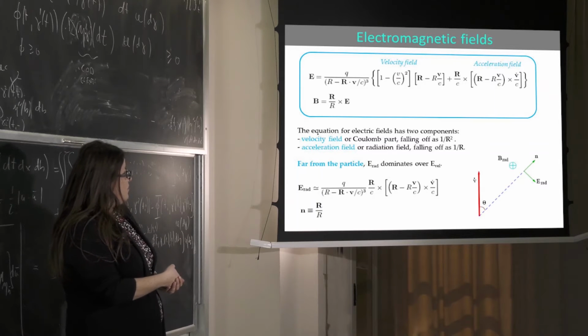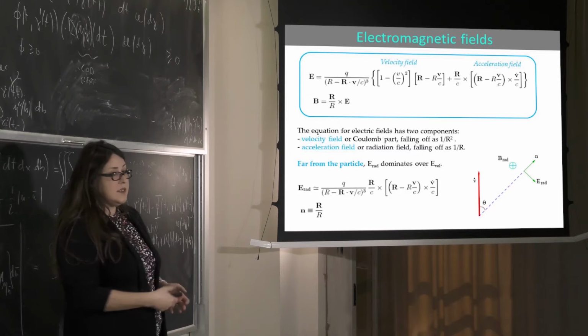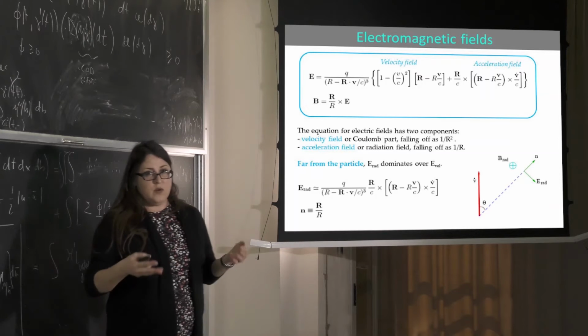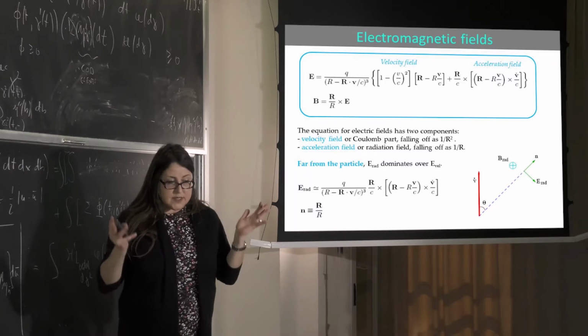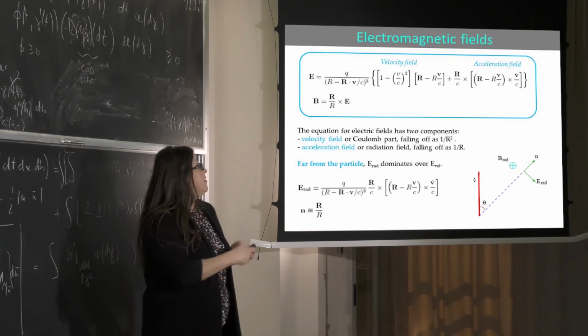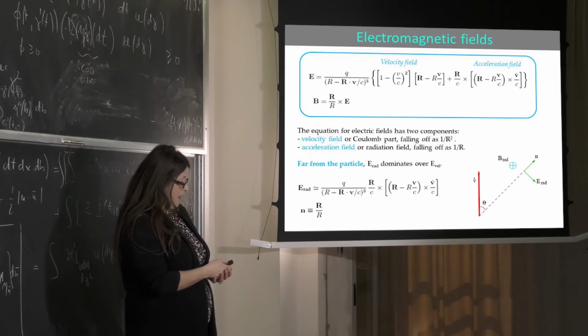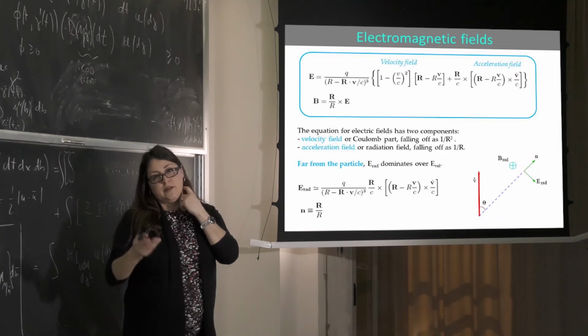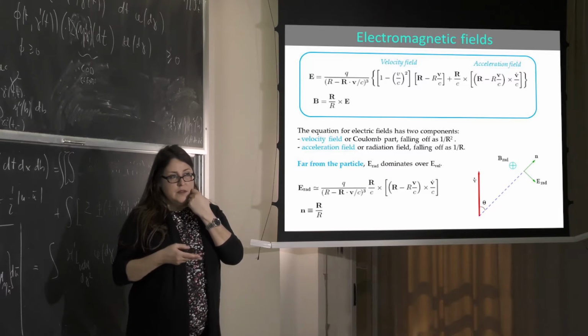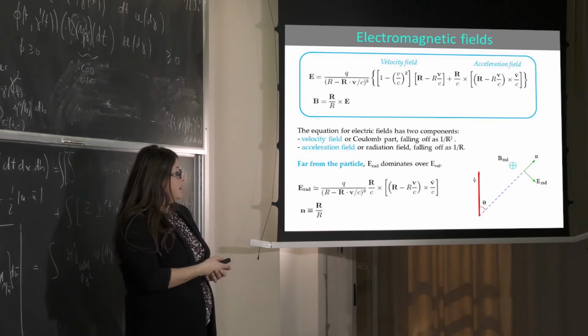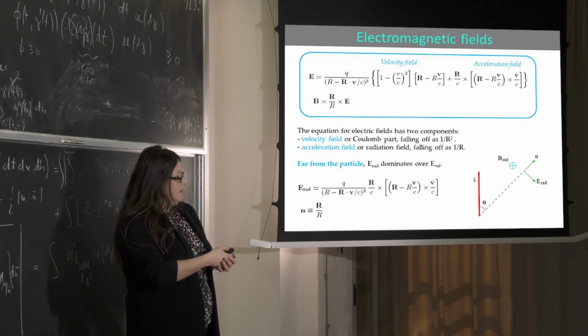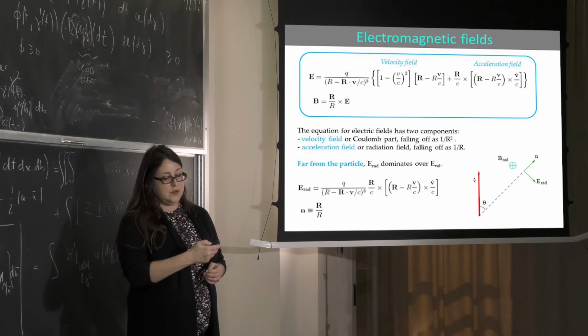And this is the reason why we will restrict ourselves, for our astrophysical applications, to the radiative part, to the acceleration field. Notice also that the magnetic field and the electric field, together with the direction of propagation of the radiation, form an orthogonal triad.